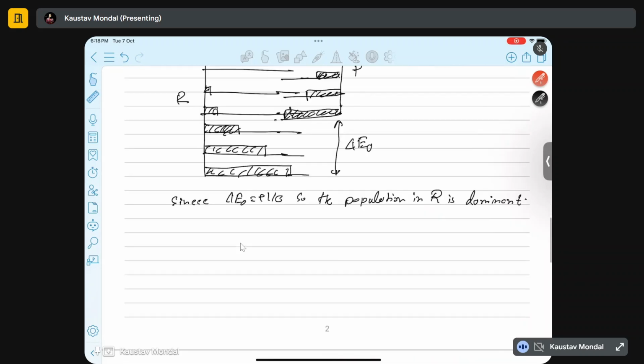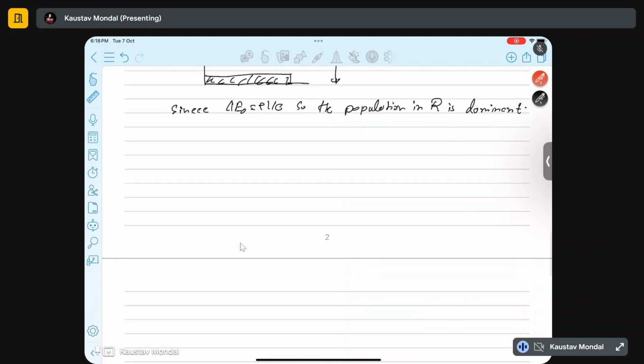Now there are also counterintuitive cases where the distribution may look like this. Let's suppose one energy state is there, a second energy state a bit higher, like this, and a third energy state like this.